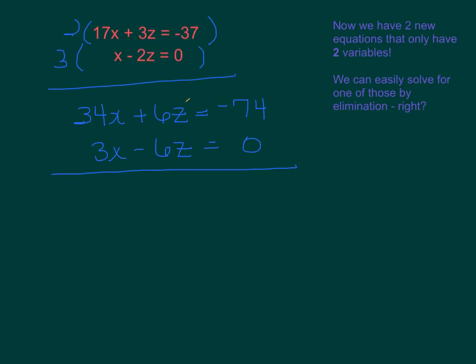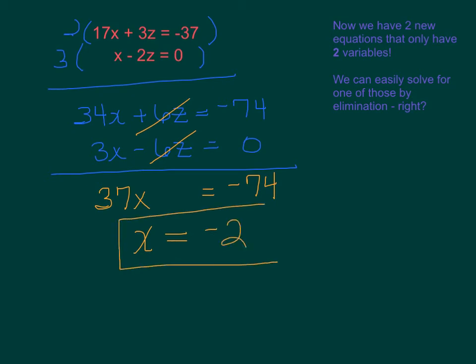And look what happens. My z's cancel out, which is good. That's what we wanted. So we get 37x equal to negative 74. Now we can solve for x. x equals negative 2. Well, that's really good. Now we know that x equals negative 2.